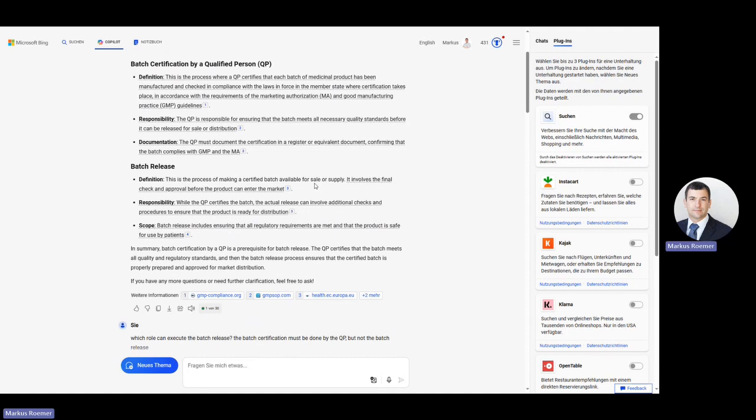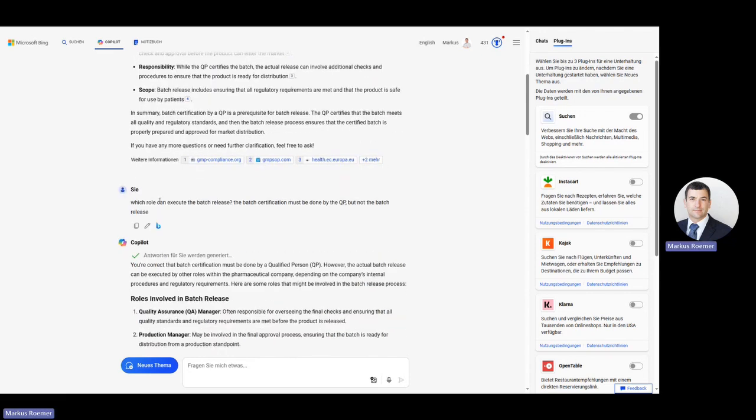So this is simply just a status change. The QP can do that, but you can even give it to the head of production, head of QC, head of QA, to anyone basically.